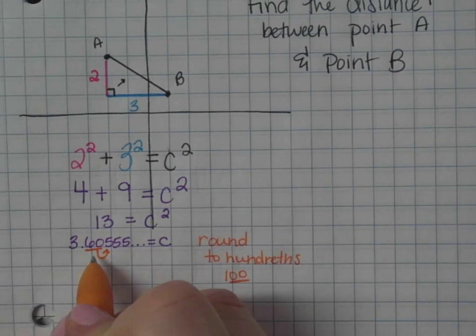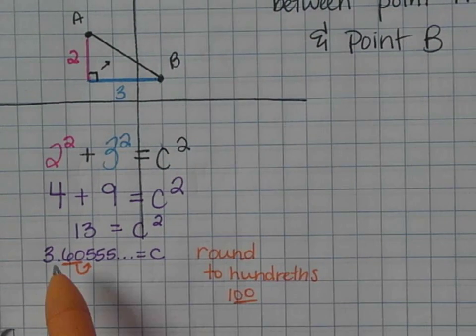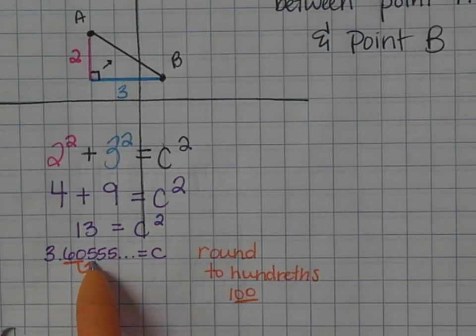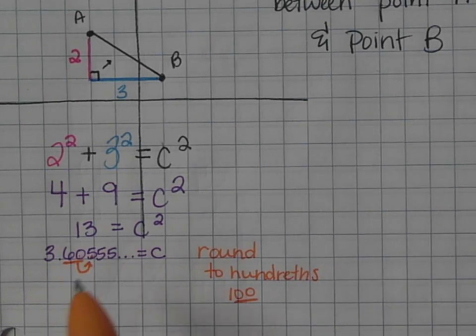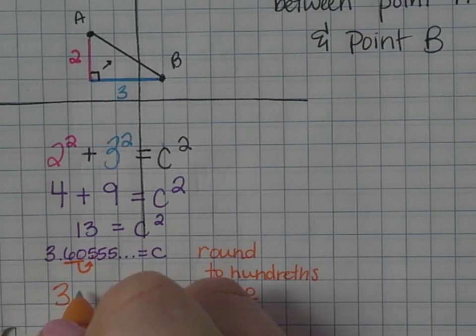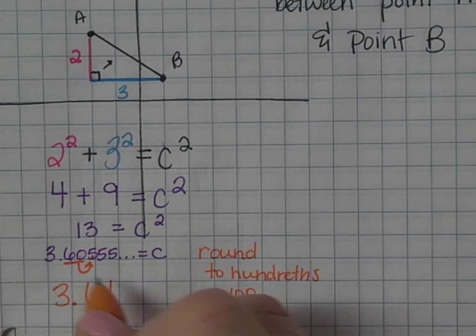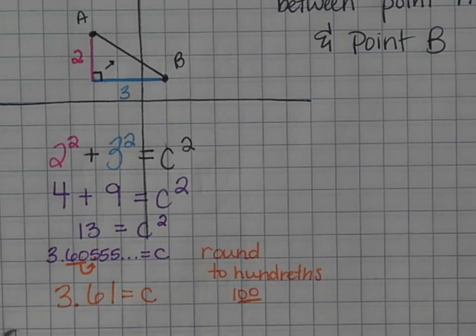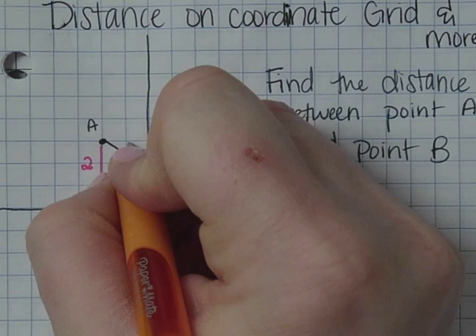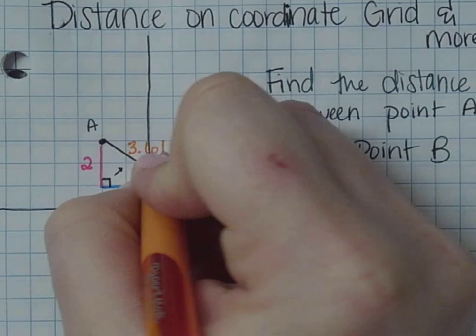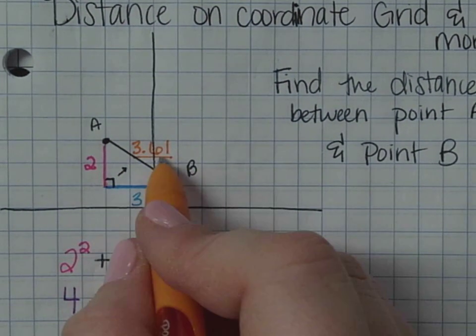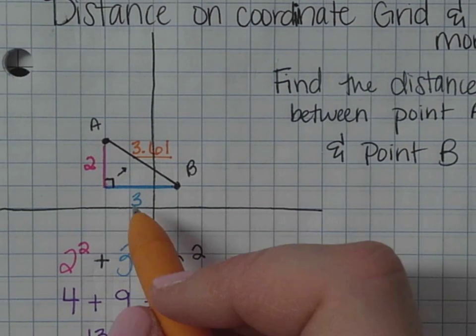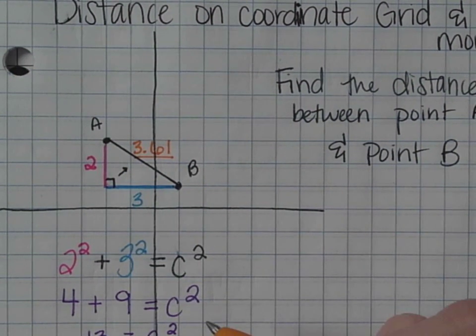So I underline 2 decimals, and then I look at the third. 3.605, that 5 makes that 0 round up, so it'd be 3.61 equals c. Remember, this is the hypotenuse, so it should be the longest side. So 3.61 is larger than 3, so we're good.